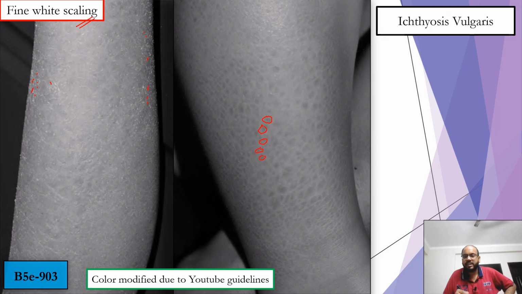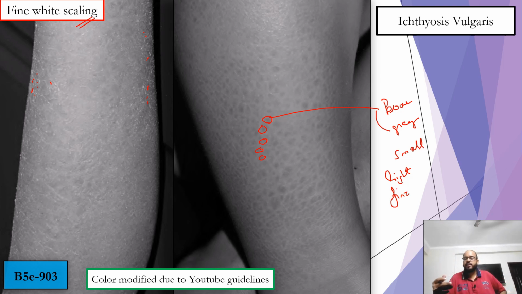They are brownish, gray. Okay, these are the colors: brown, gray, small scales, lighter in color, fine scales. Okay, so these are the adjectives that you will hear in a description of ichthyosis vulgaris. Let's move forward.